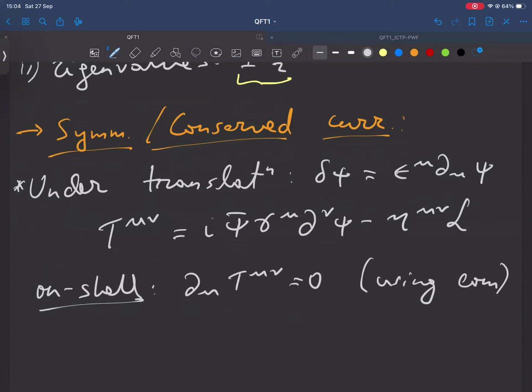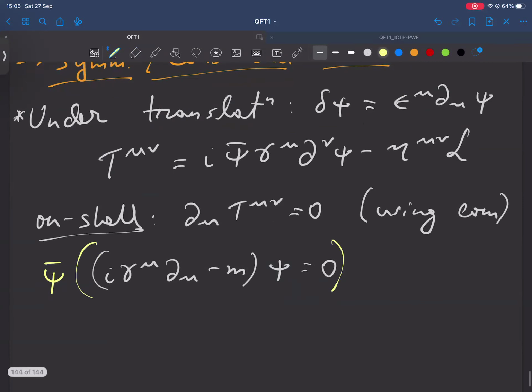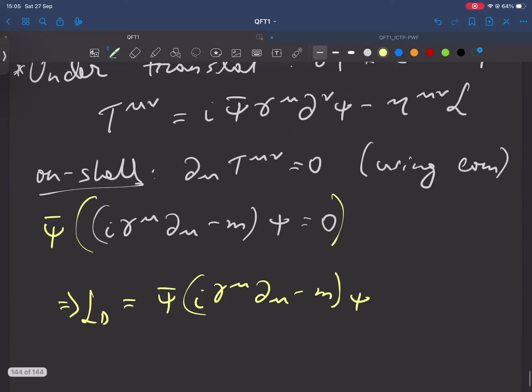Now recall that the Dirac equation was just this: i gamma mu del mu minus m, acting on psi, is 0. So this was the Dirac equation of motion. But you see that if you just multiply psi bar on this, then you get the Dirac Lagrangian, because the Dirac Lagrangian was just psi bar (i gamma mu del mu minus m) psi.